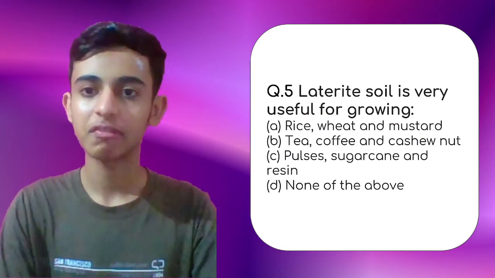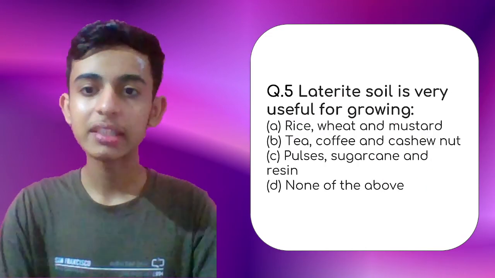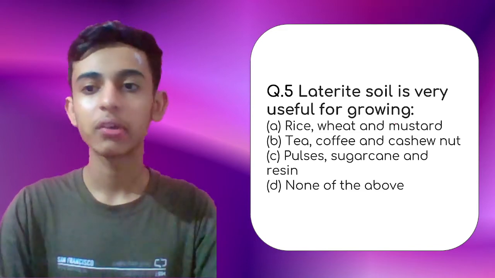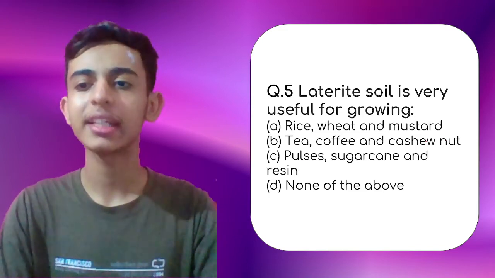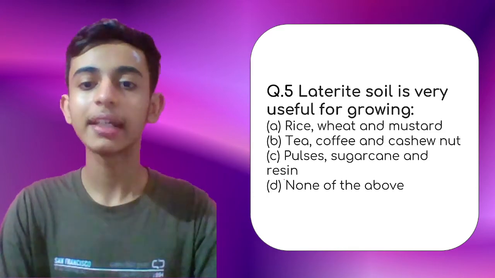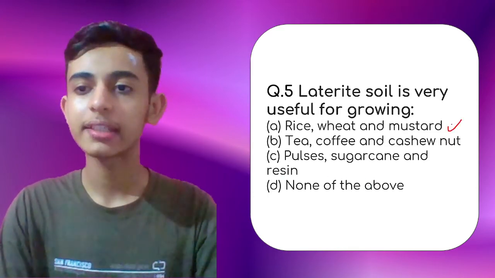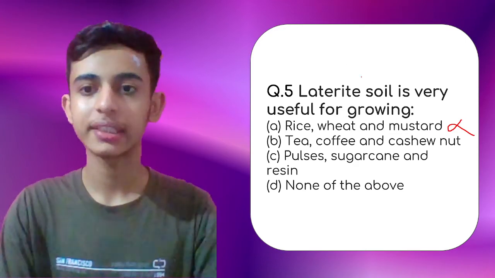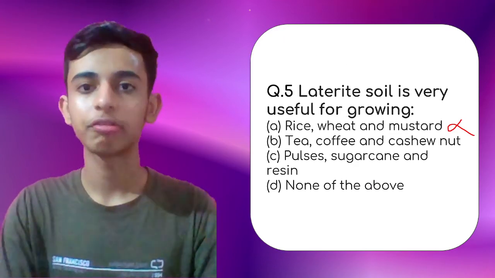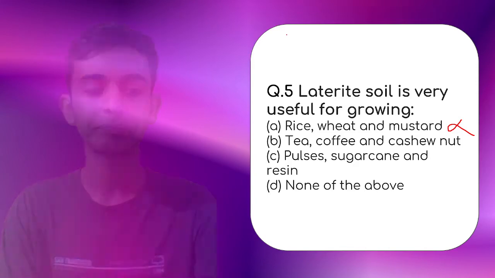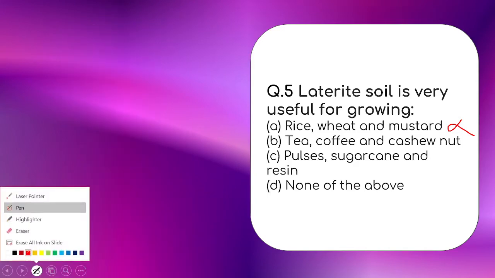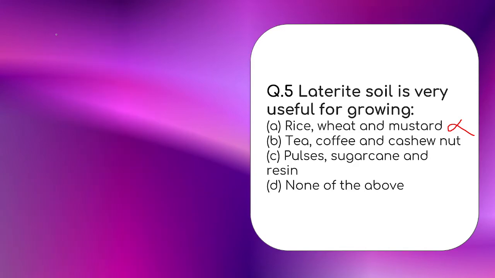Question 5. Laterite soil is very useful for growing what? Rice, wheat, mustard; tea, coffee and cashew nut; pulses, sugarcane and raisin; none of the above. I don't think it is rice, wheat and mustard because that needs a lot of water, and there are many other things for rice, wheat and mustard.